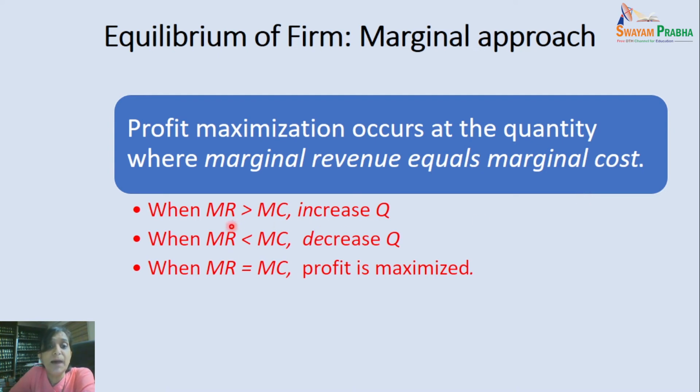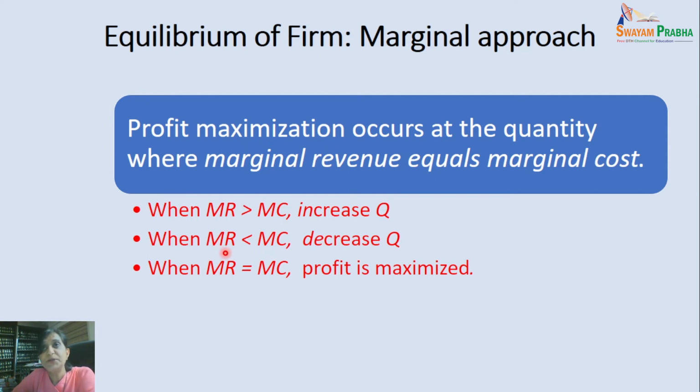So when marginal revenue is more than marginal cost, the firm needs to produce more. Whereas when marginal revenue is less than marginal cost, the firm should decrease its output. Why? Because it is spending more on producing that extra unit and earning less from it.